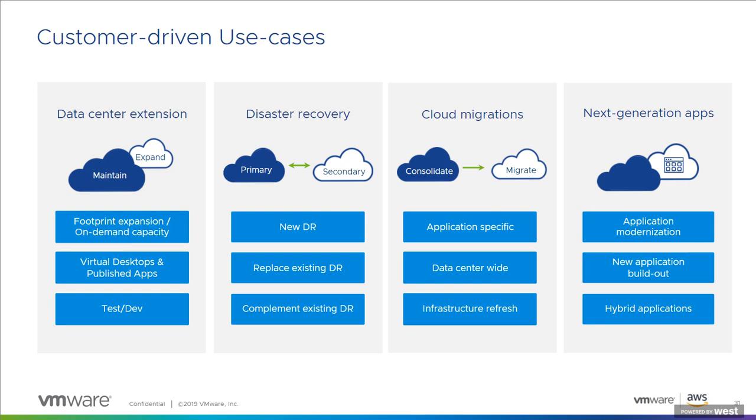And one that we're also starting to see more of now as well is things like next generation apps. We're starting to see development of brand new applications using things like containers, using native AWS services, and some customers are using VMC as a means of getting to that point.